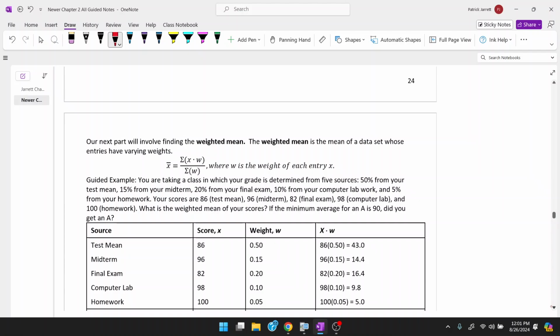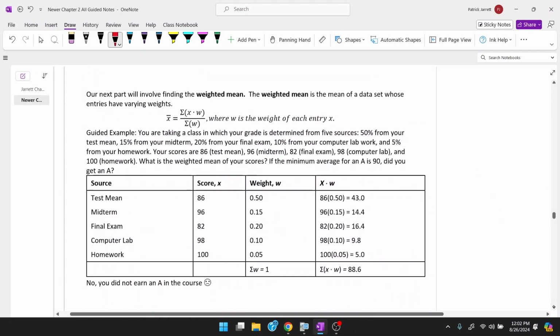Basically, this is a weighted mean where you multiply the score by the weight and then you divide by the total weight. Now, in this case, the total weight is 1 or 100%. So you really don't have to add or divide anything here. But I'm going to show you something a little bit interesting here in a few moments.